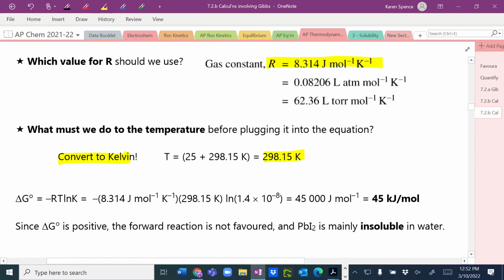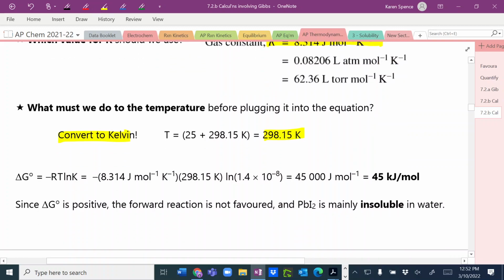And now all you've got to do is plug it in and use the ln button on your calculator. If they don't ask you to do it, you could leave your answer like this, but it would be more usual to write it in kilojoules because delta G is usually given in kilojoules.